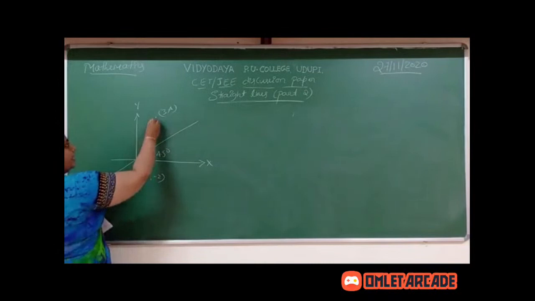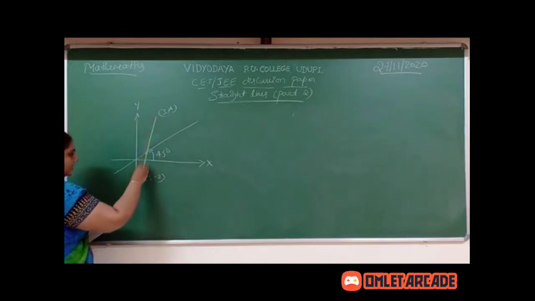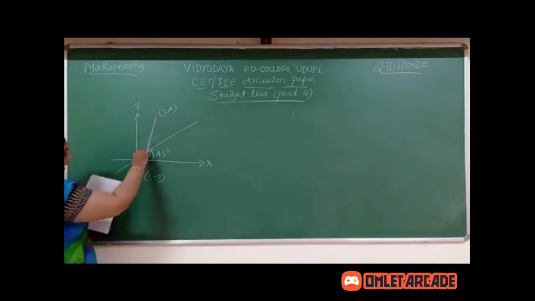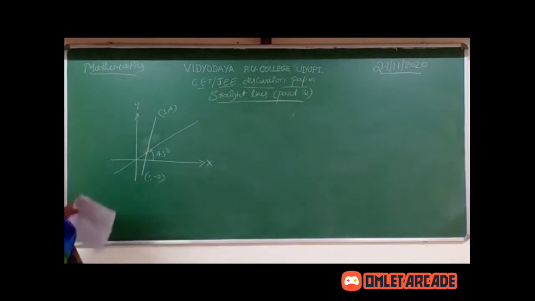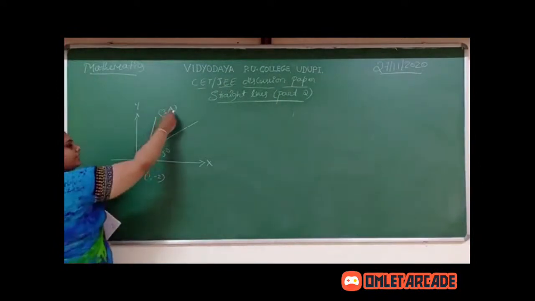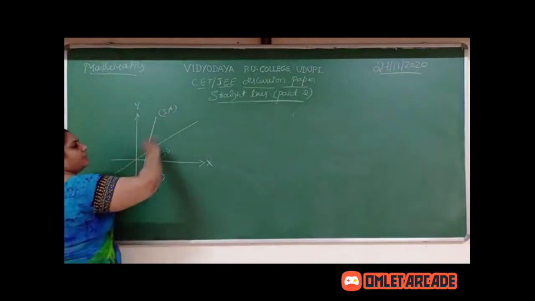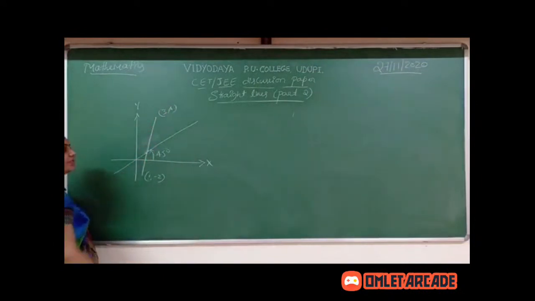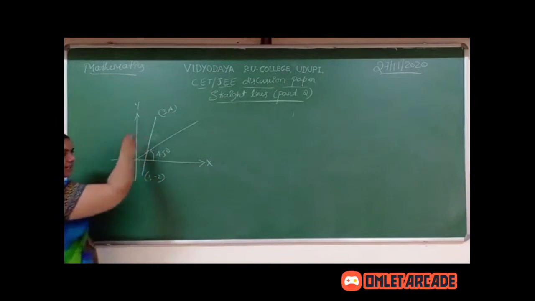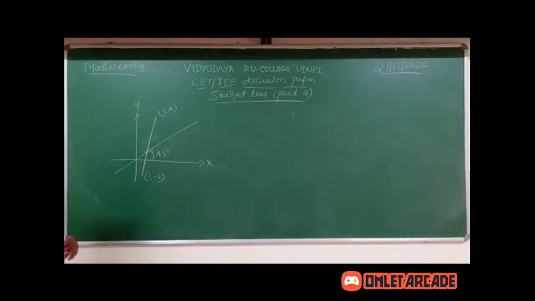Angle of inclination 45 degrees, and see, this line is equidistant from (1, -2) and (3, 4). Equidistant means it is passing through the required line and which bisects this line, isn't it? See, equidistant, I mean the distance between this and this are one and the same.